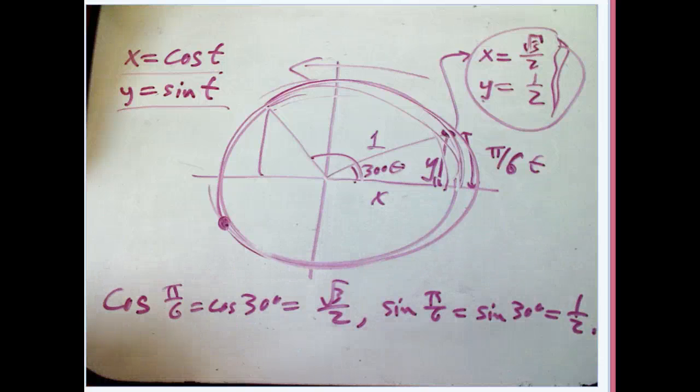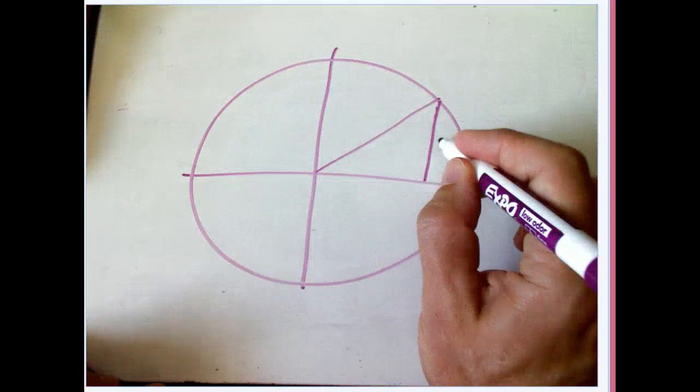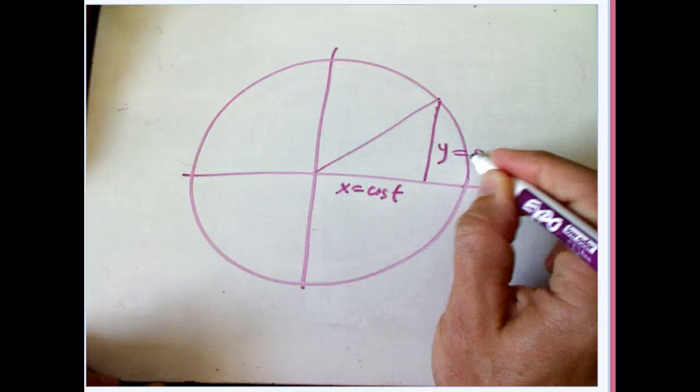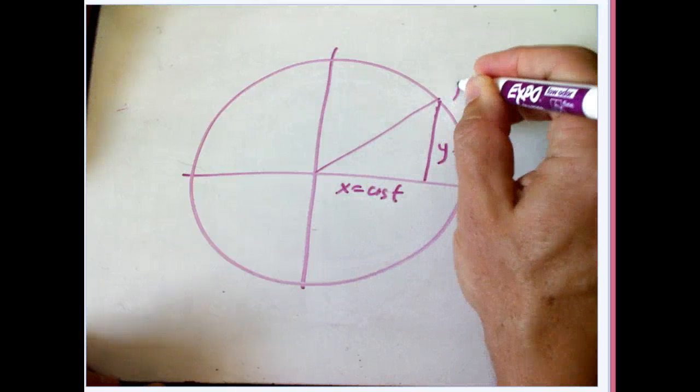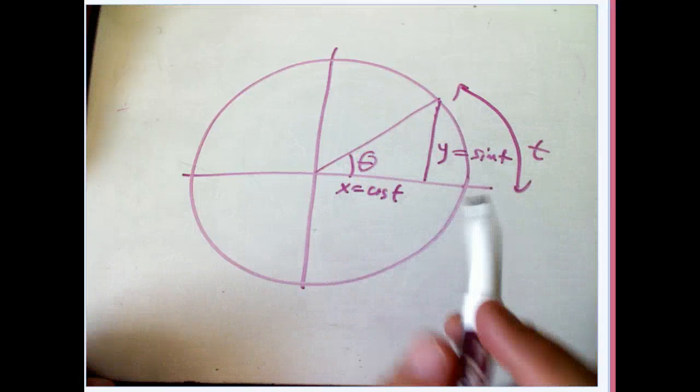Another example comes from our knowledge of special right triangles from geometry. What if this is a 45-degree angle? So this is going to be cosine t, that's sine t, and this length here is t, which is really just the same as theta if we use radians.